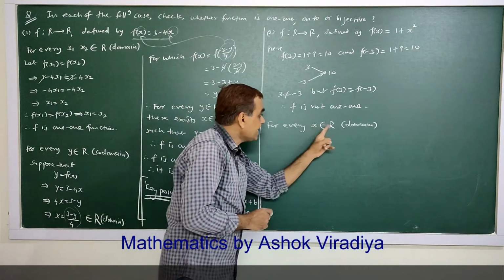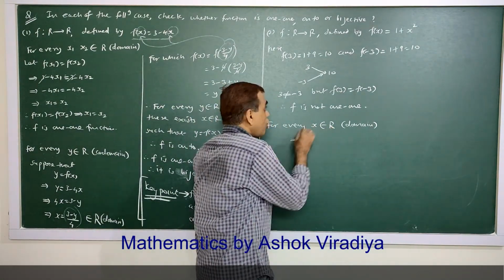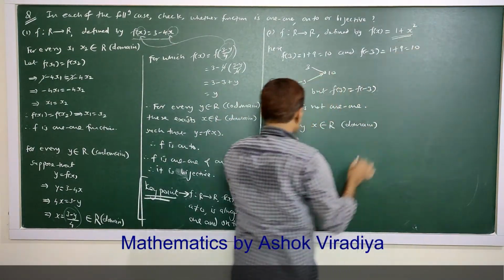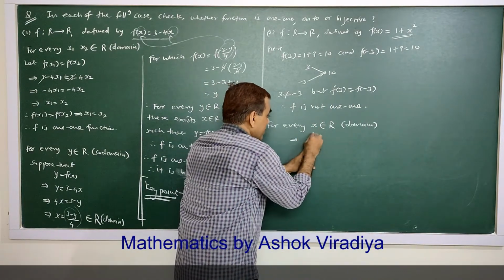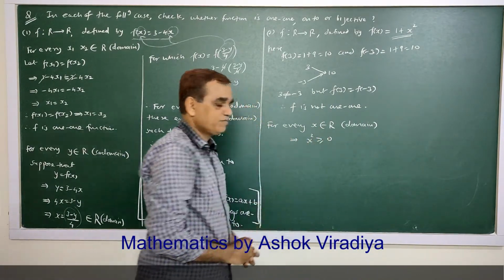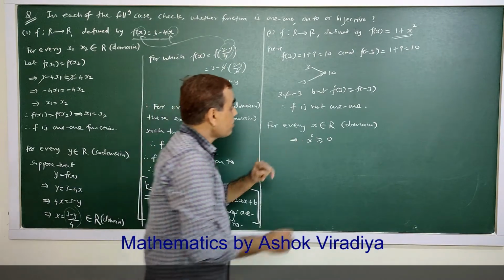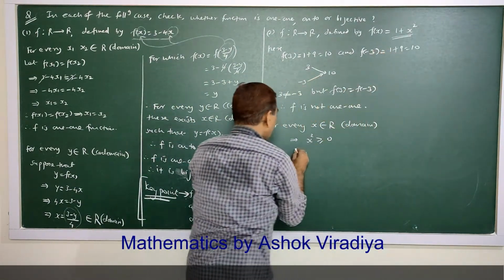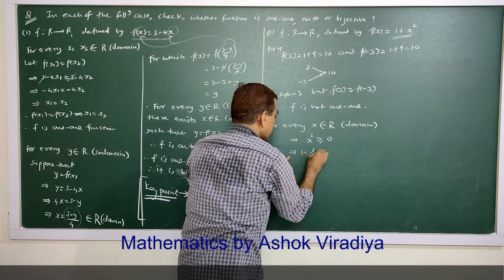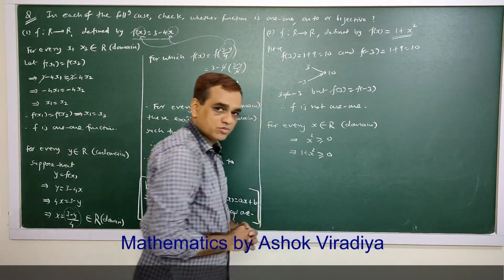So if x is any real, then observe this formula. If x is any real, x square is always greater than or equal to 0. Now I am adding 1. So 1 plus x square is greater than or equal to 1.